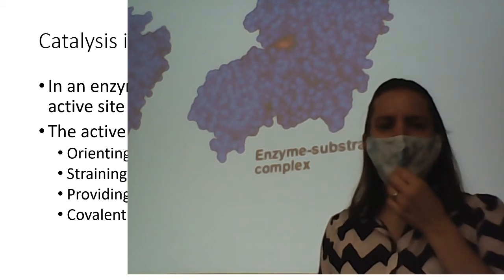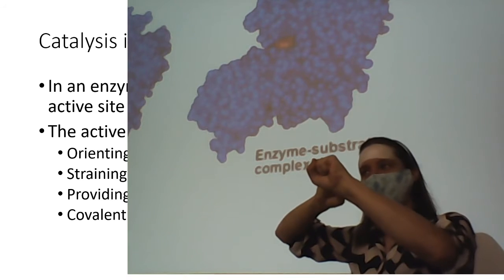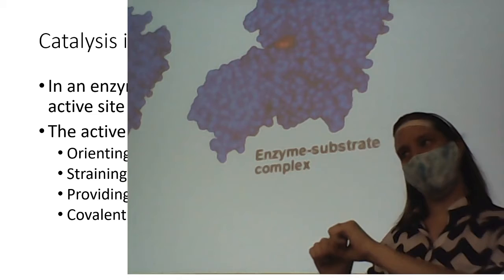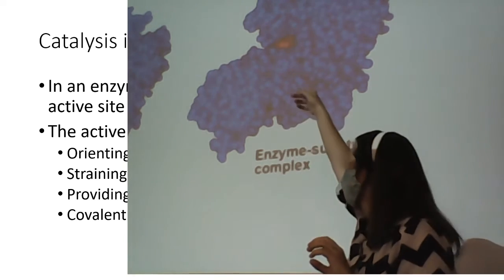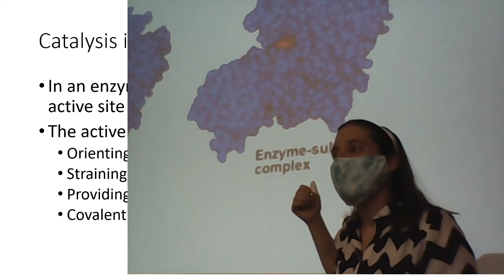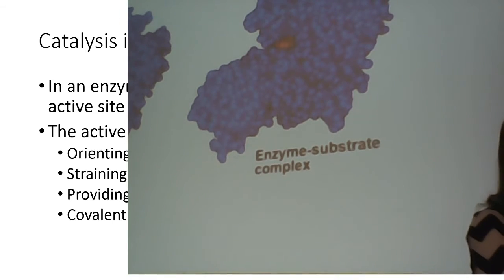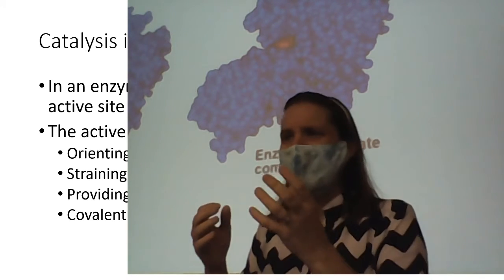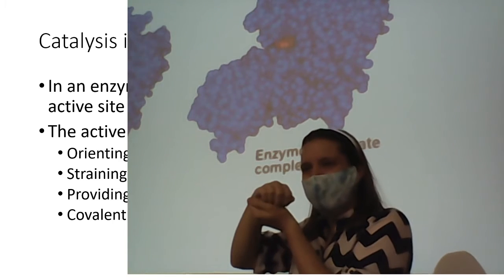We're good with that? If you're trying to break something apart, the enzyme can like strain those covalent bonds, right? So the covalent bond needs to break anyways, but the enzyme kind of pulls a little bit. It can make it so that there's some little snuggly environment for it. So maybe this reaction would happen better if it was slightly acidic or slightly basic, or maybe the reason this little molecule isn't breaking up, but you want it to, is because it's got a whole bunch of hydrophobic regions that are like squished inside.